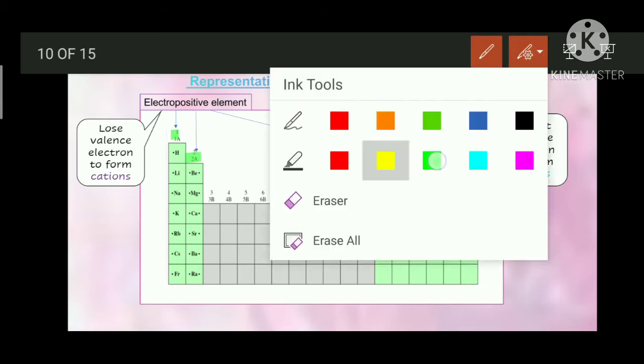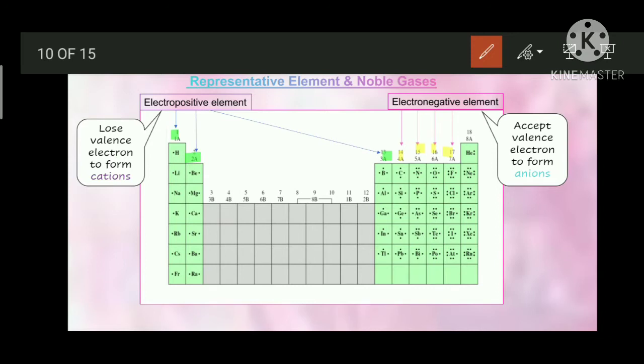Electropositive elements lose valence electrons to form cations with a positive charge. The electronegative elements accept valence electrons to form anions with a negative charge.